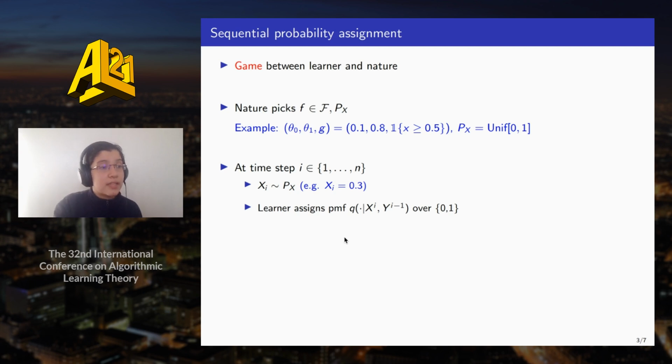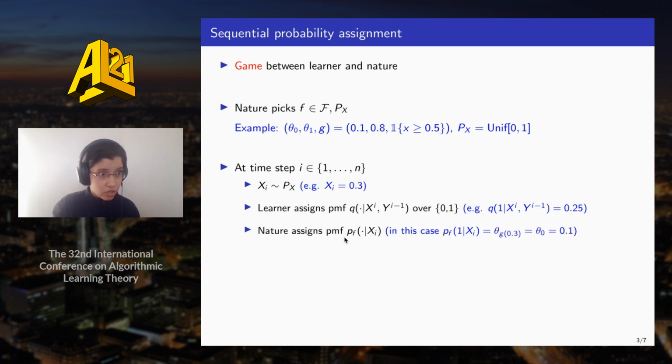Let's say that the learner determines that on the basis of the history so far, yi will be 1 with probability 0.25. Nature, on the other hand, knows the exact conditional distribution of yi given xi, since it knows f, and it just assigns that as the PMF. So in our example, given side information 0.3, y is 1 with probability 0.1. That's what nature is going to assign.